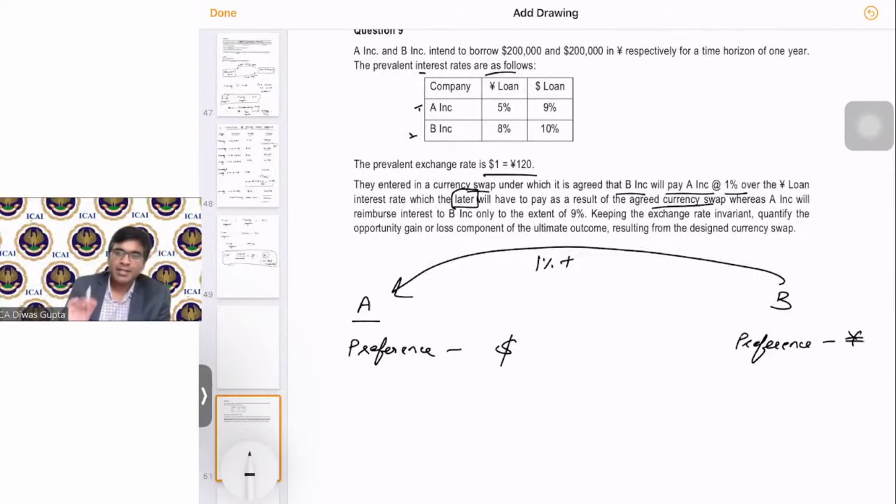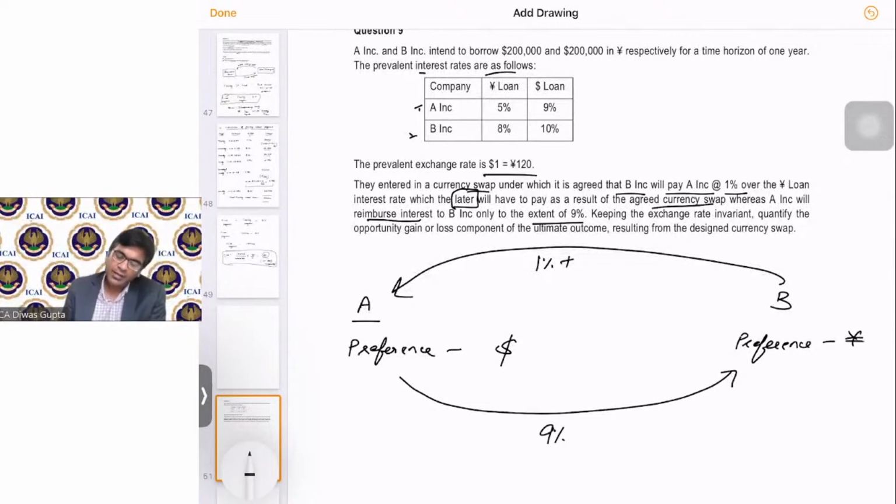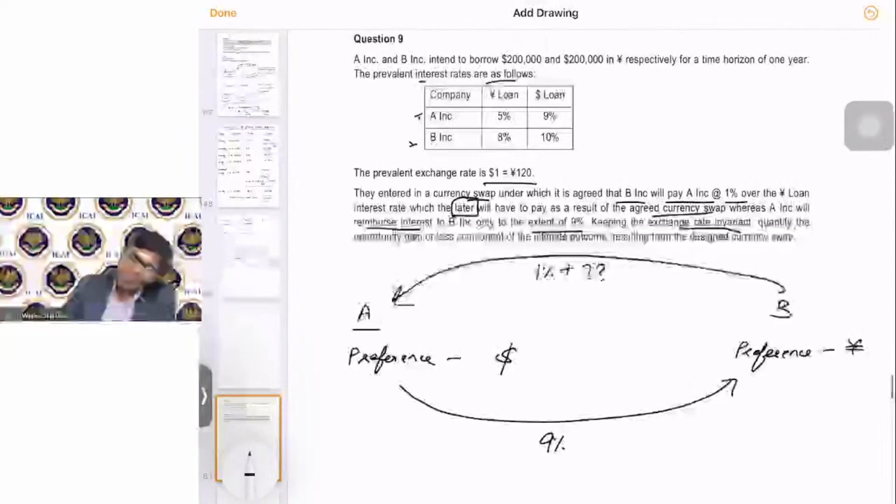Okay, so 1% plus what I have mentioned till now here, whereas A Inc. will reimburse the interest to B Inc. only to the extent of 9%. This is what they have given. This is 9% reimbursement. But still this amount is not clear, right? 1% plus what? Keeping the exchange rate invariant. So they are saying you can keep the exchange rate invariant because we're talking about a time horizon of 1 year.